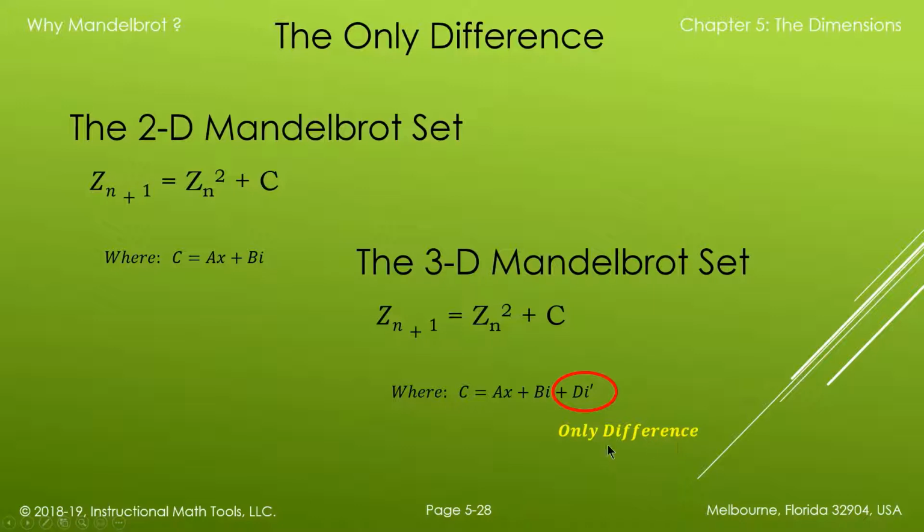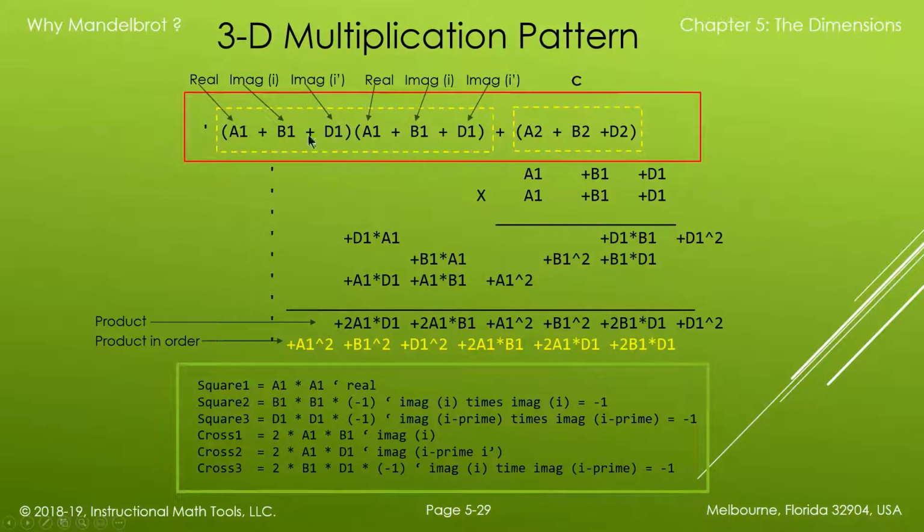That is the only difference, and here's what you get. You have to multiply 2 points that are 3-dimensional together, and that does cause some issues. But what I've done here, and you don't have to know this, I'm just putting it down for documentation purposes, so that if you wanted to try it yourself, this is how to do it.